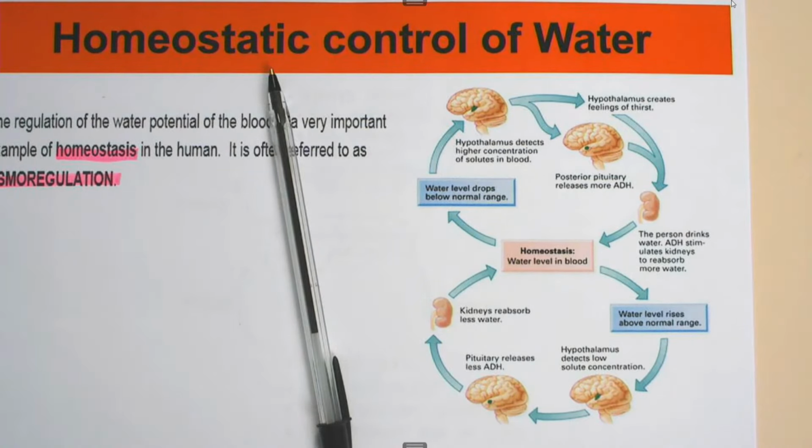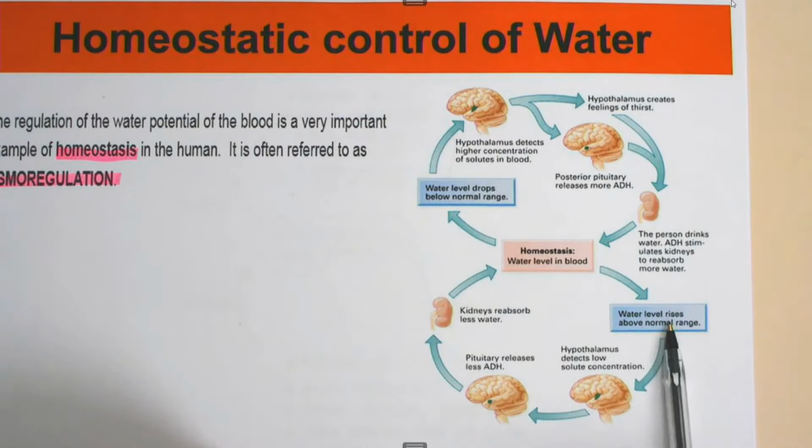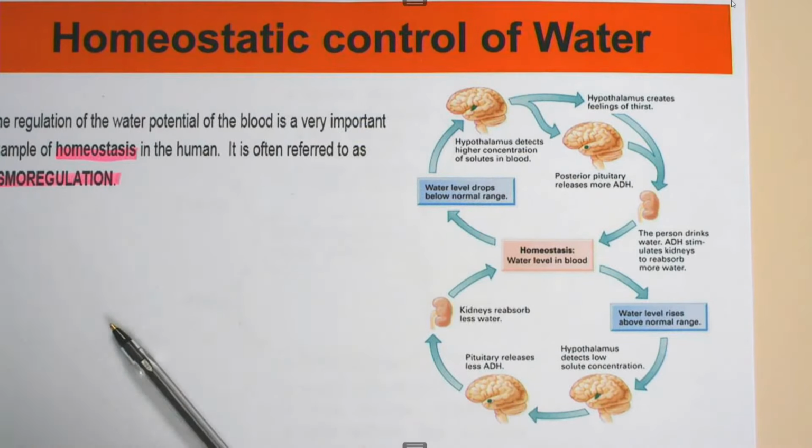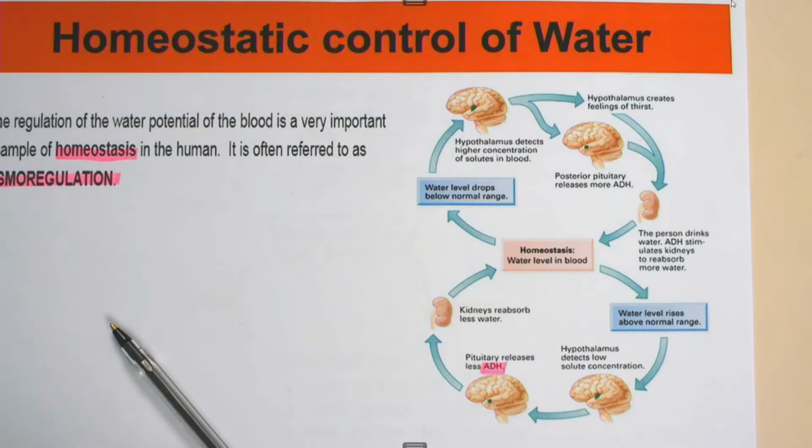All right? Now what happens when you drink a lot of water or you don't urinate a lot, the water level is going to rise above normal. When the water level rises, the hypothalamus will get the information. And the hypothalamus will let the pituitary gland know to secrete less of a hormone that we call ADH, which is an anti-diuretic hormone. Diuretic is something that makes you dehydrate because you urinate a lot.